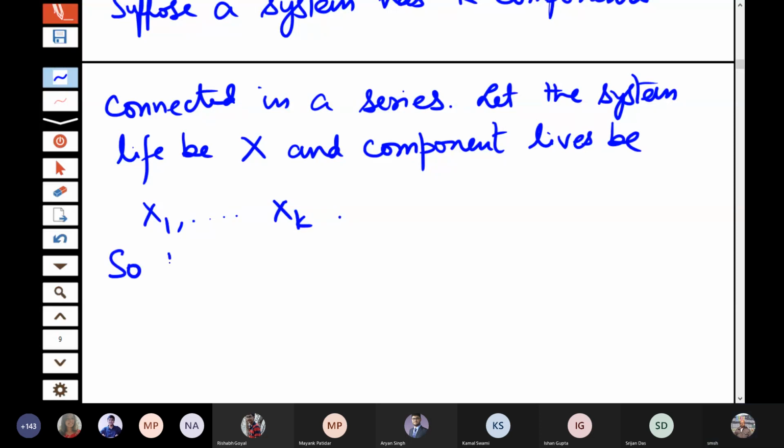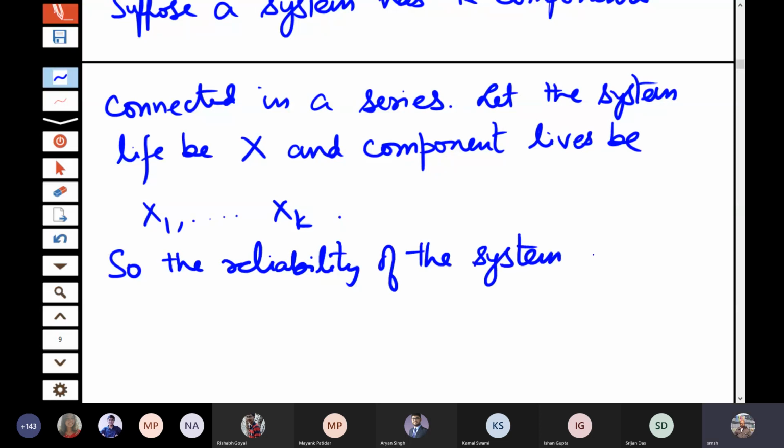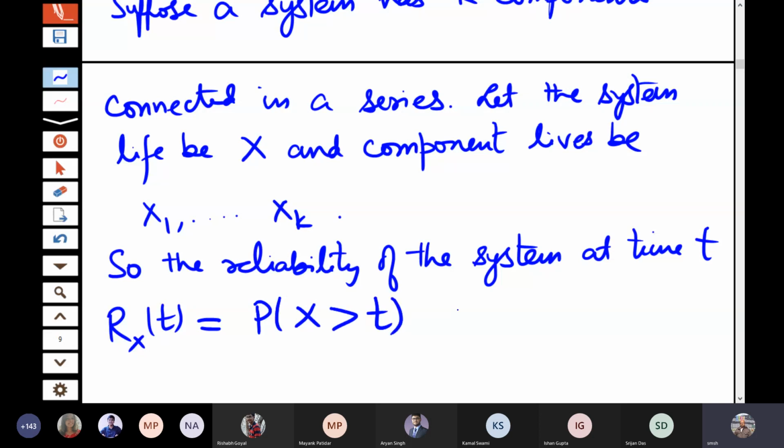So the reliability at time t, that is R_x(t), is the probability x greater than t.